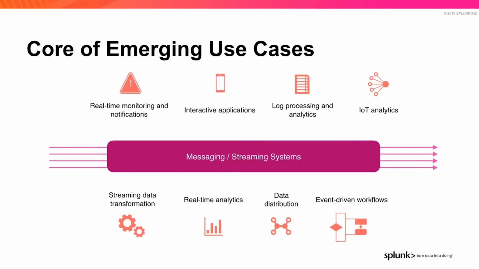Then log processing and analytics, more in real time. Then IoT-related analytics, where the data is coming from a manufacturing floor or factory floor, and you want to get closer to the source rather than getting the data first into a system and then post-processing. Instead, you want to get the data insights in the stream itself.